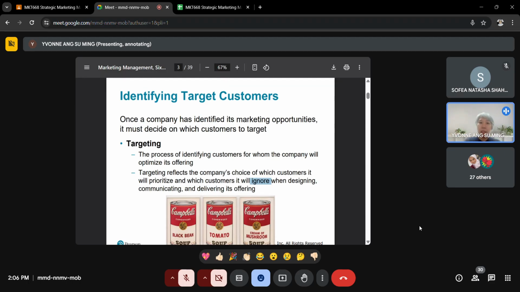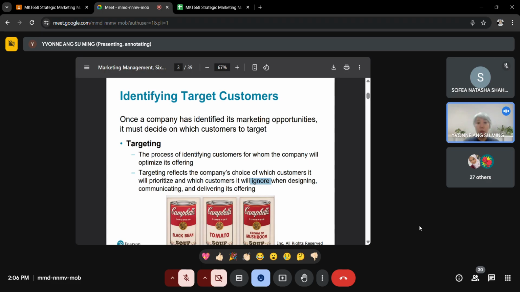Okay, so typically we would say that inside a marketplace, there are many different segments, and then the company goes in to select the segments that they can best create value for. So when they select one, it could be that they leave out or ignore segments that don't fit the products and services that they can offer.